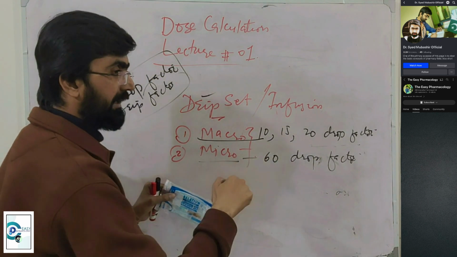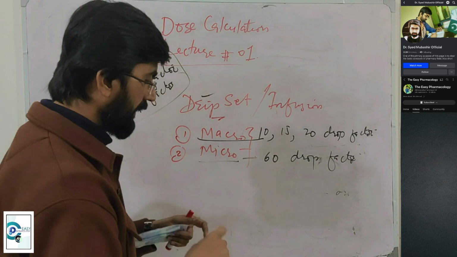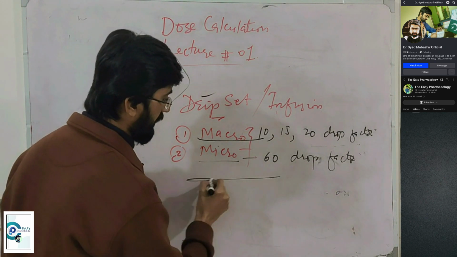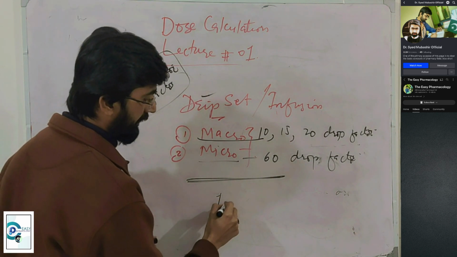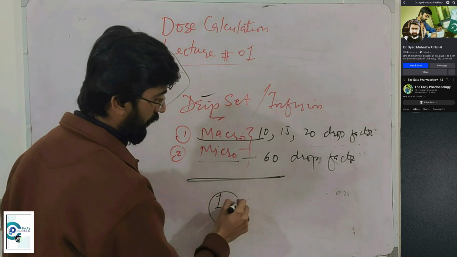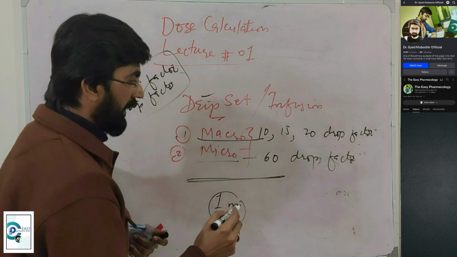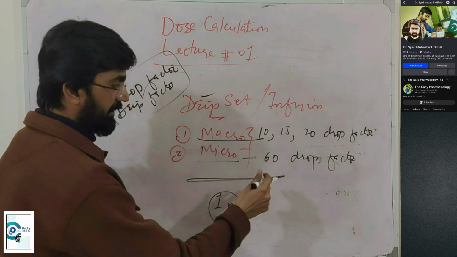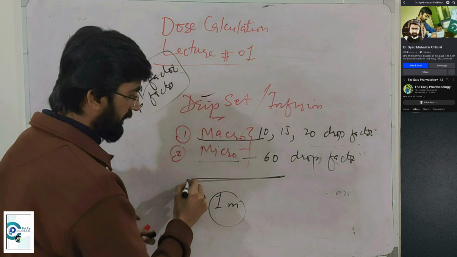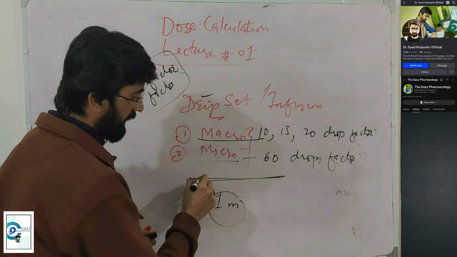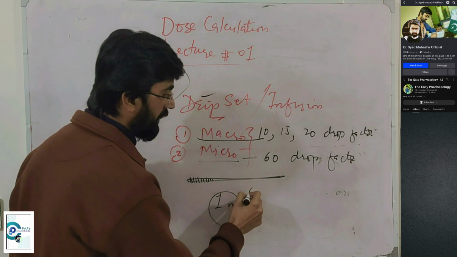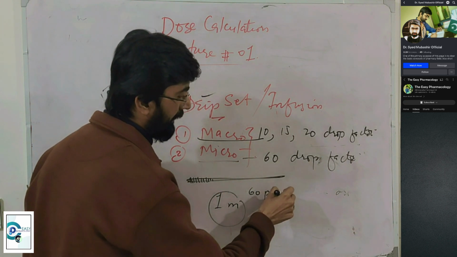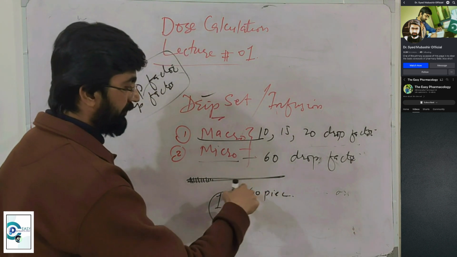Let's suppose there is one piece of a stick. Let's suppose its size is 1 meter. If I break this piece of stick into very small pieces, it is possible that I may get a total of 60 pieces from this 1 meter piece.